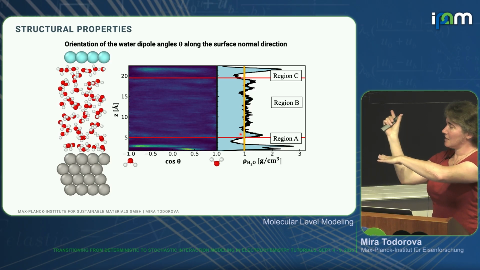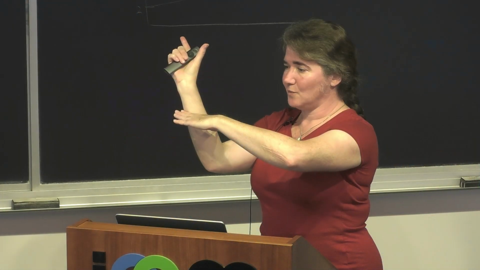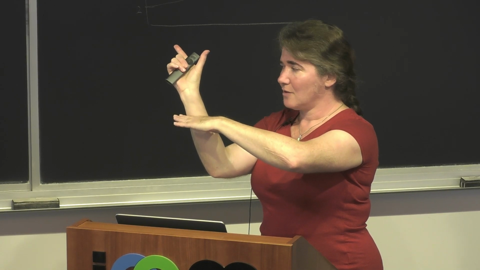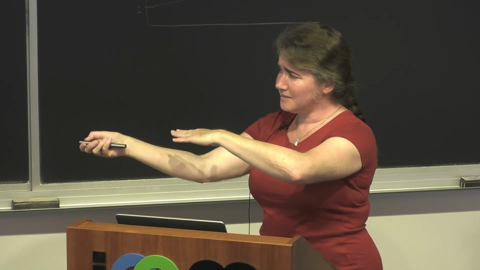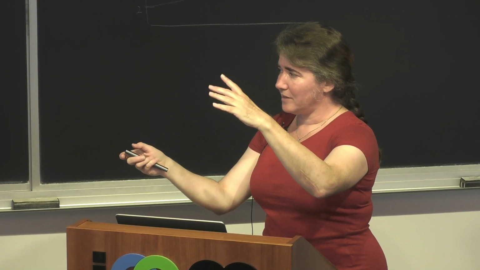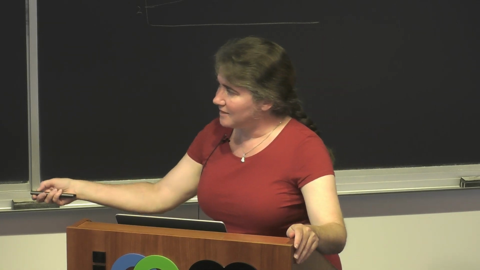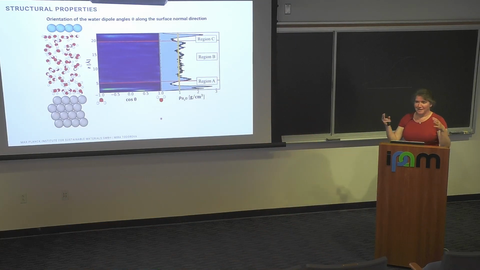So you have to imagine here's the platinum surface, then one is water adsorbed with the oxygen to the surface, and the hydrogens are showing up. And then this is the water down, where on average the hydrogen is pointing towards the surface. Doesn't mean that these are really fixed. There are still fluctuations, but on average we find many more water molecules that have this orientation close to the surface, and in the second layer many more water molecules that have this orientation.